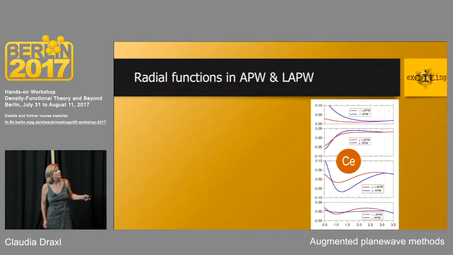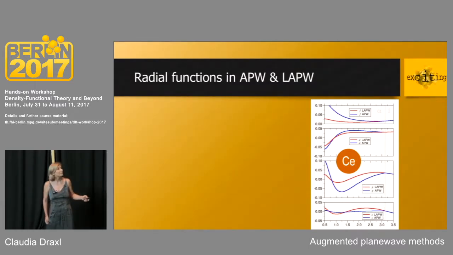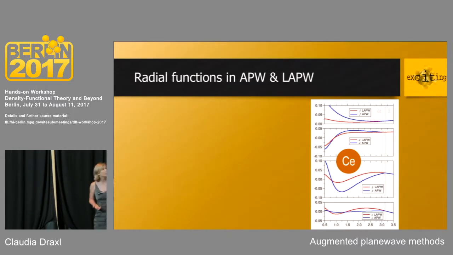But you see how much difference there is between these respective curves here. So the atomic orbitals, obviously, they like to be more like in the APW solution. This is closer to the atomic solution. Whereas if you apply the LAPW, the linearization, you somehow distort these orbitals, and these orbitals don't correspond anymore to the real physical problem. And that's why you need so many more basis functions in order to get back to functions that look like this.